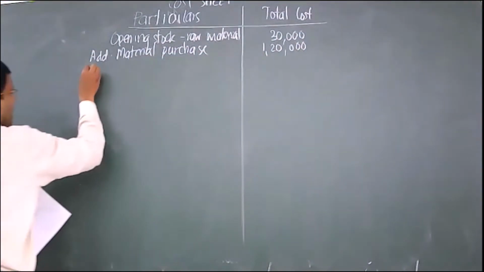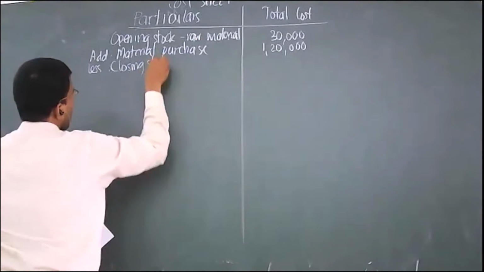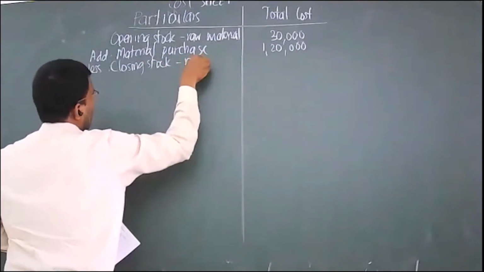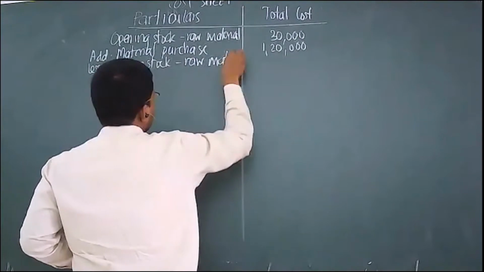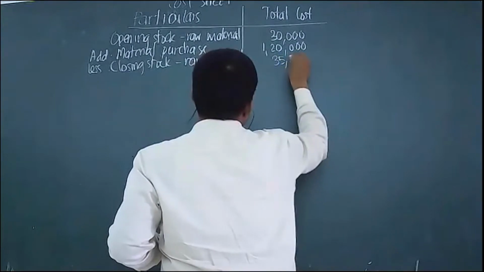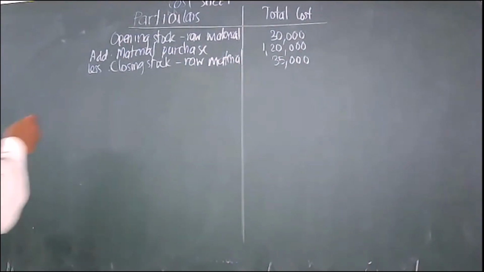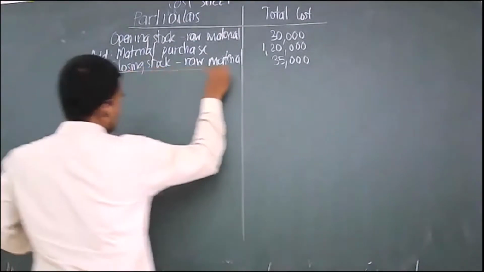From this, we have to subtract closing stock of raw material. So when we consider the opening stock, the material purchased, and subtract the closing stock, together when we work out this calculation, we get the material consumed.